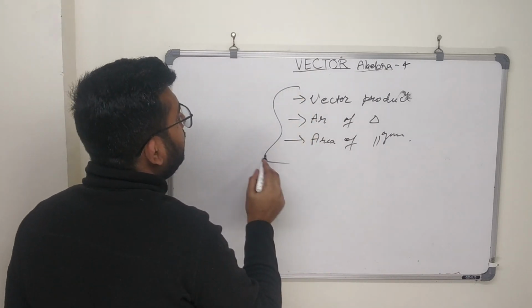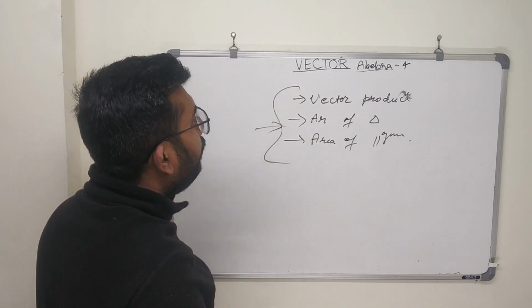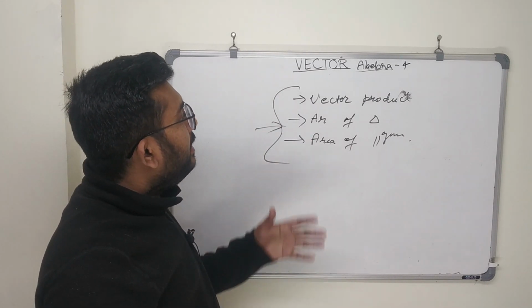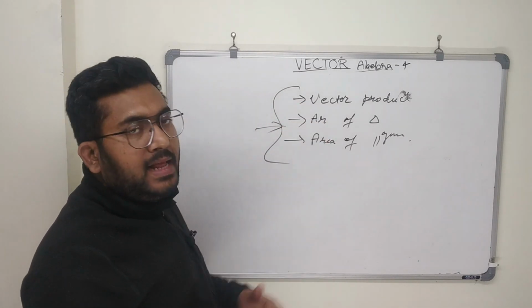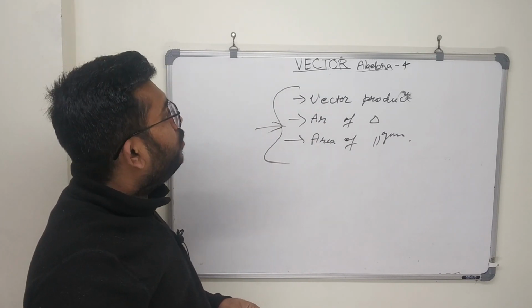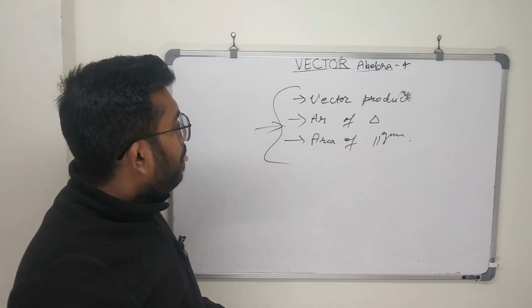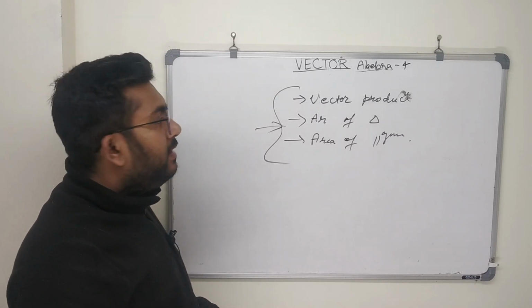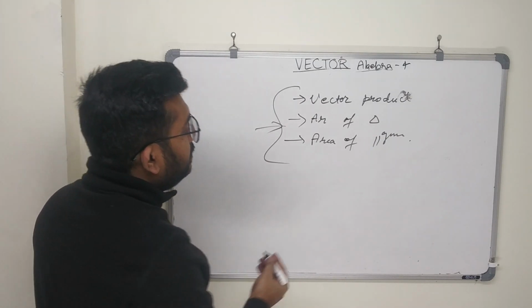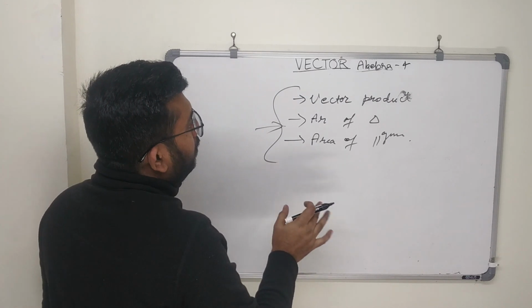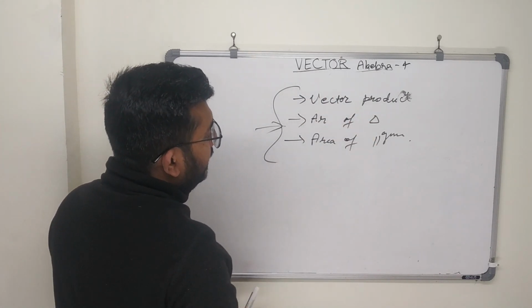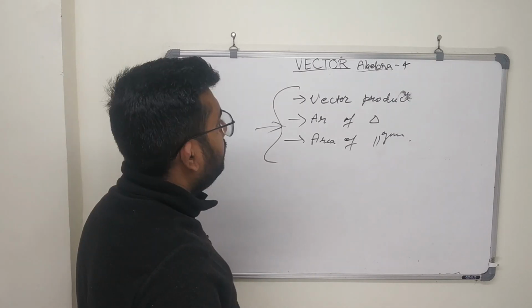These three concepts are covered in this video, but before that 3 lectures have already been taken in which more concepts of vector algebra were covered by me. If you have not attended those lectures, you can watch them and complete your vector algebra chapter. I will attach all the links of the previous vector algebra lectures in the description of this lecture.